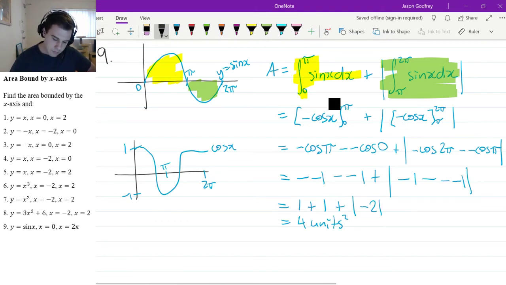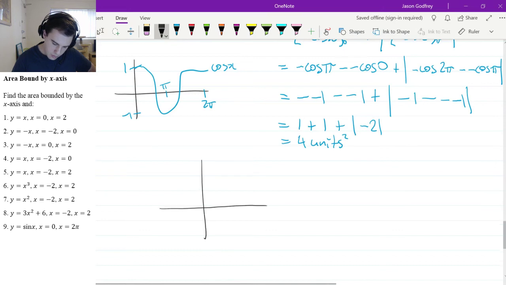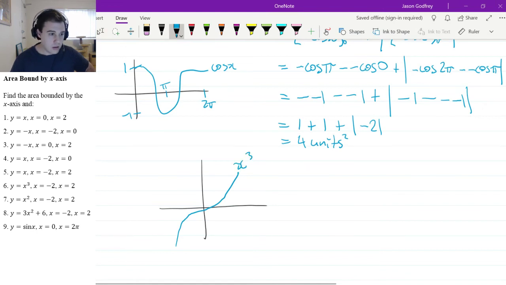The reason being, I've only really done ones where it's symmetrical at the moment, but let's just imagine we did a function that's a cubic, and let's say we're going from something like 3 to negative 1. So this is an odd function, but we're not going from negative a to a.